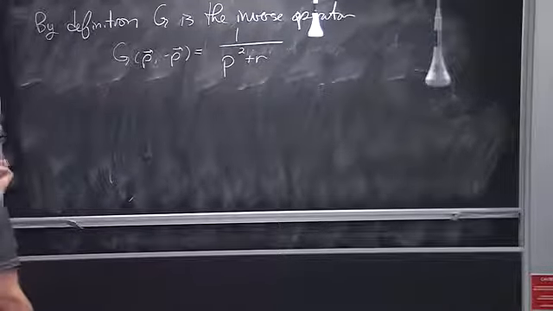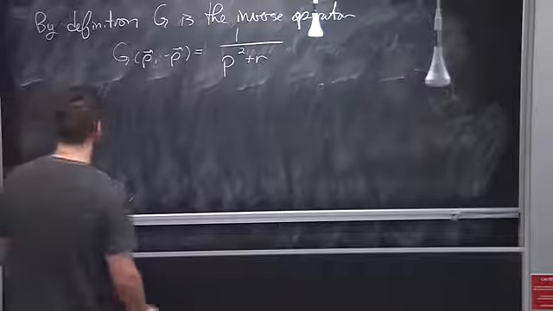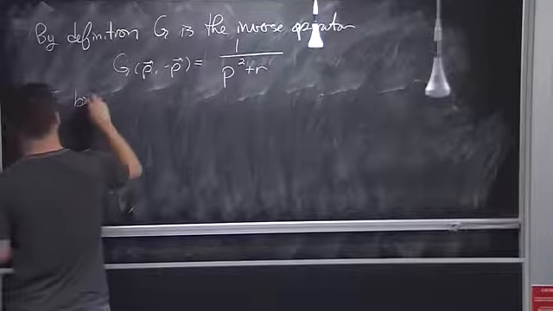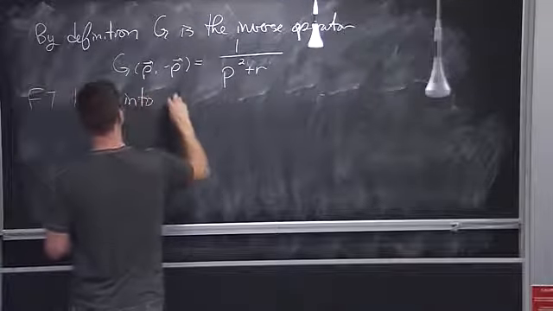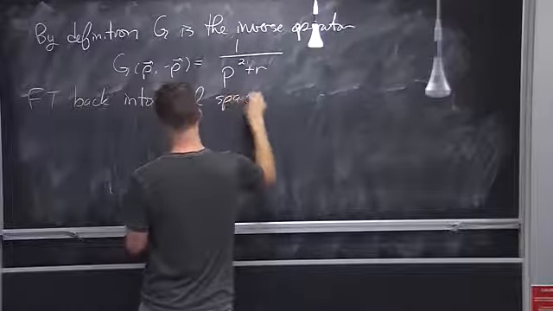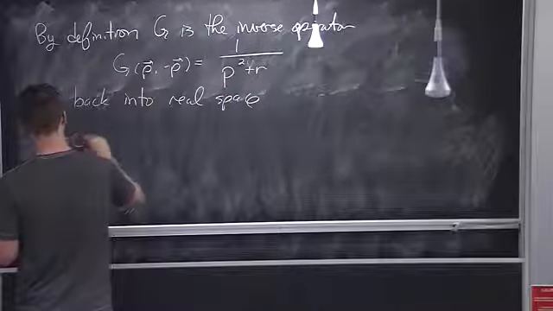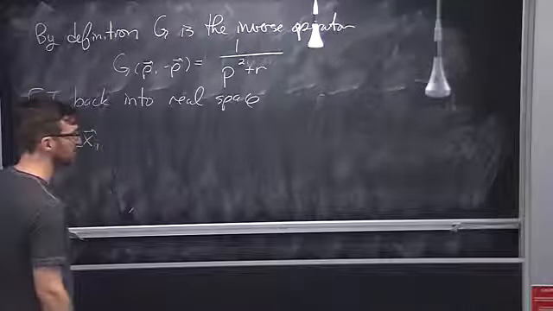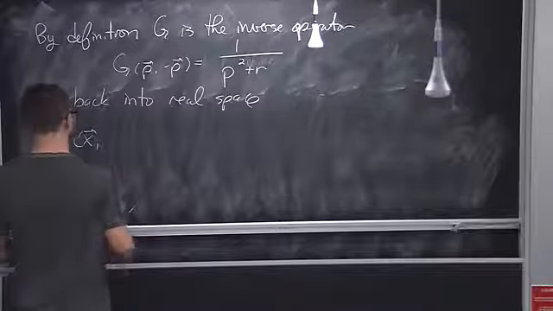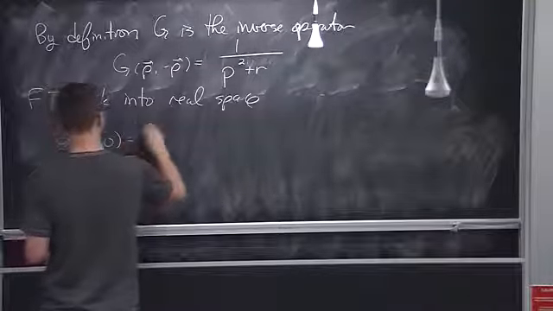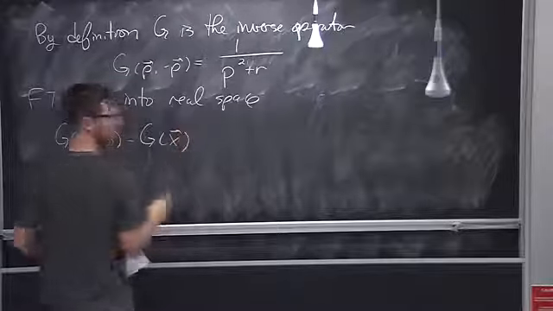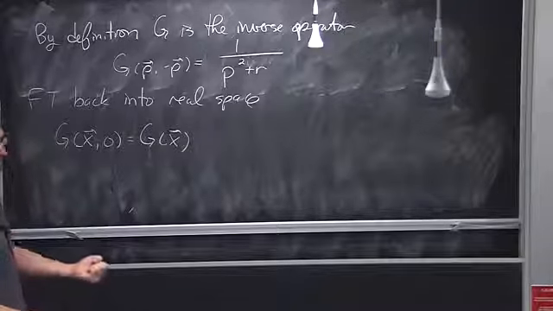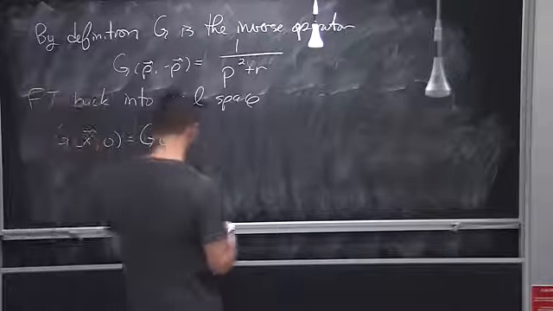So let's just Fourier transform it back into real space. So some position x and x prime, and it's often convention to just set x prime to 0. I just want a function that depends on the distance between some field at the origin and some field out at position x.